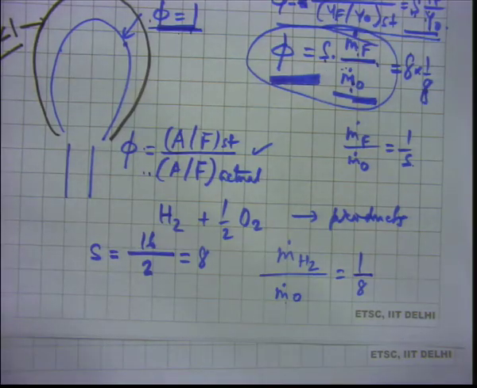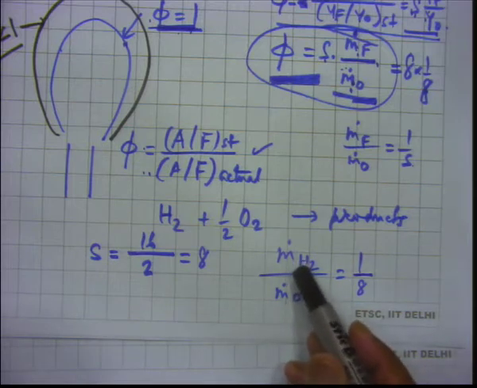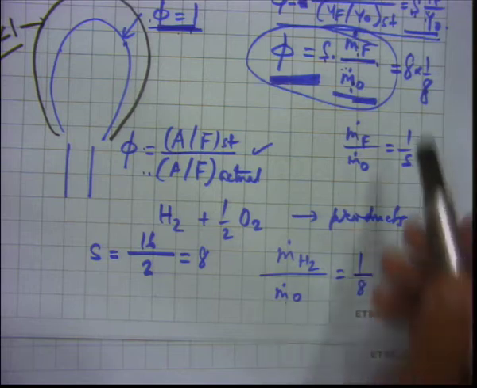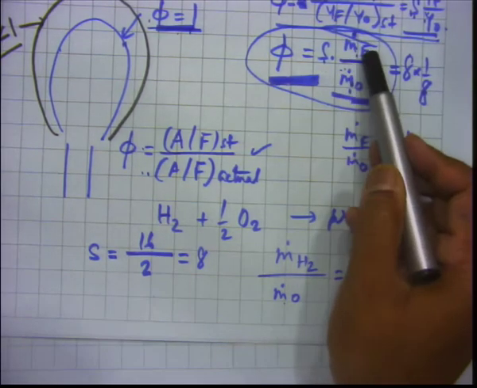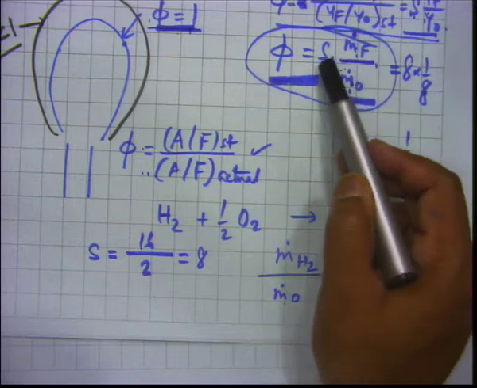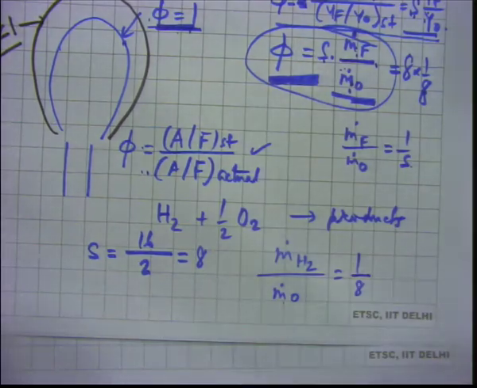Why is phi less than 1? Because if you go outside the flame, then your m dot H2 will come down and m dot O will be higher. So, in this expression, this part will become smaller. S cannot change. S is a given number, right? S is equal to 8 for this H2 plus half O2 reaction.